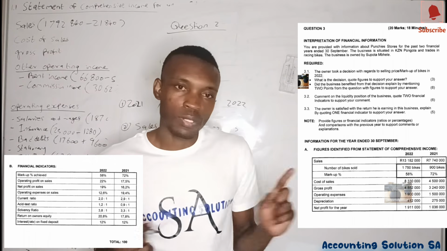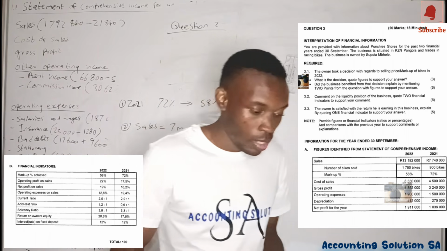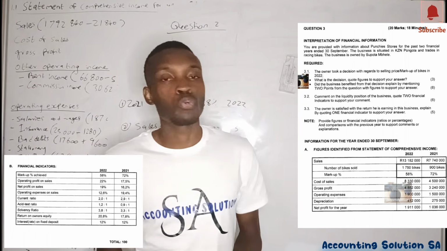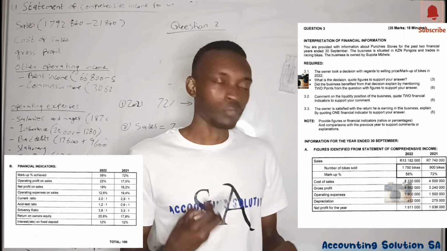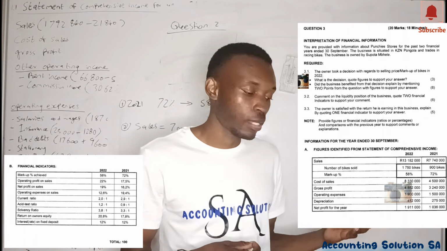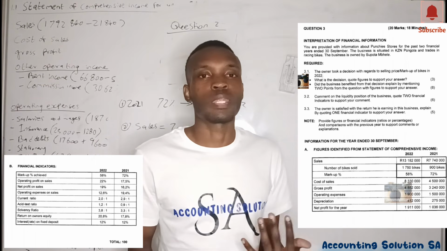Number 2, we have to think about the acid test ratio. Let's see what happened on the acid test ratio. It was 0.9 and it went to 1.2. This simply means that the business can be able to pay its short-term liabilities without relying on inventory.